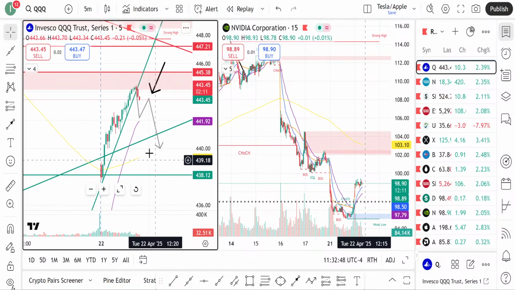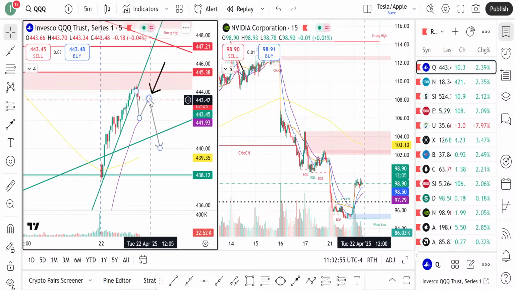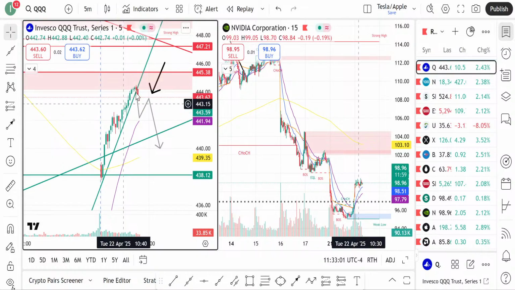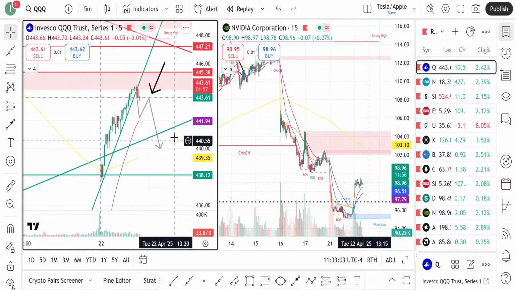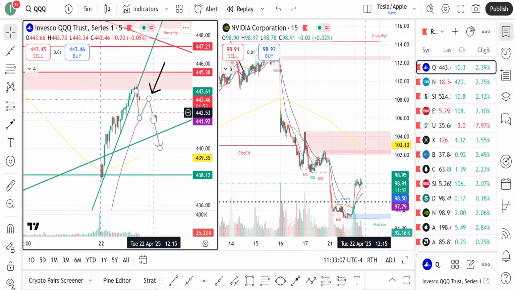So I want to see that the buyers are attempting a second try to push higher and failing before I get the confirmation that all right, this is a whole reversal, not just the pullback. Because this could pull back and just push higher as well.